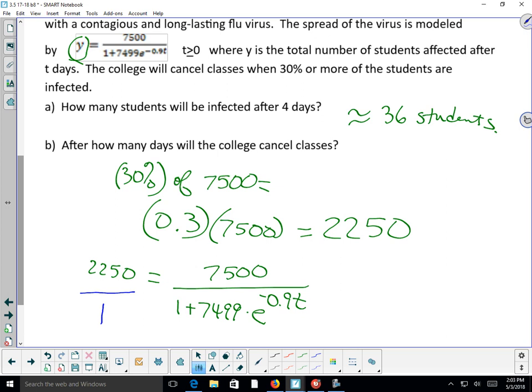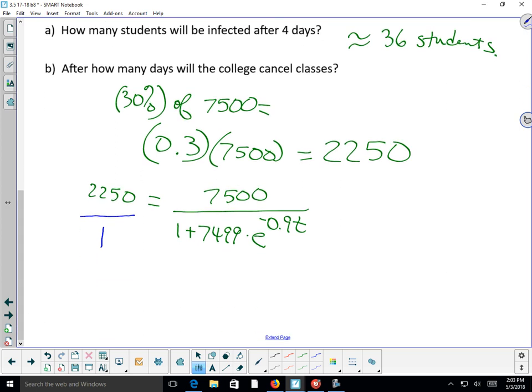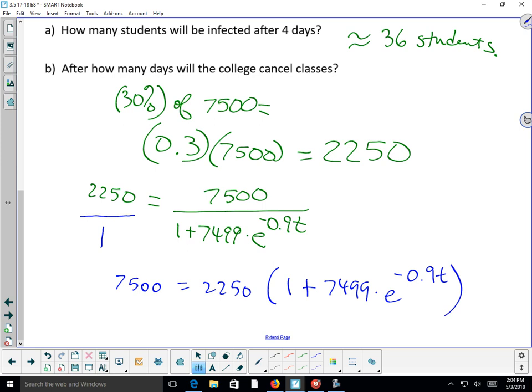So 1 times 7,500 is going to be 7,500, and then I've got 2,250 times this denominator, 1 plus 7,499 times e to the negative 0.9 t. Does that look okay?